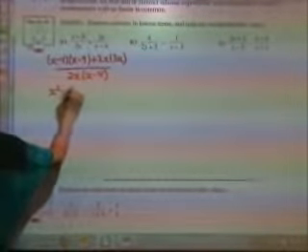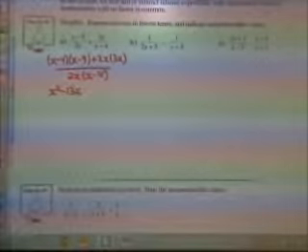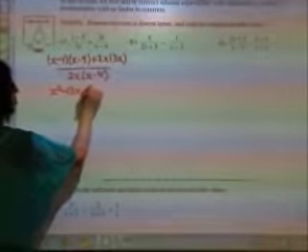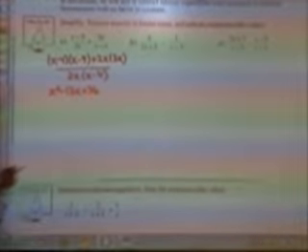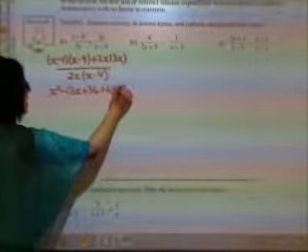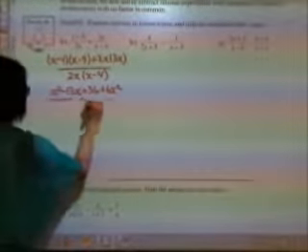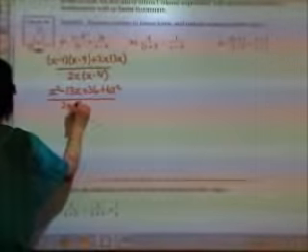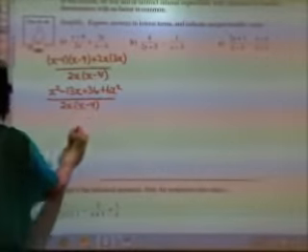So together I get negative 13x. And then the negative 9 times negative 4 would give me a positive 36. Add that to the 6x squared that I get when I've got 2x times 3x. And again, leaving my denominator in factored form.